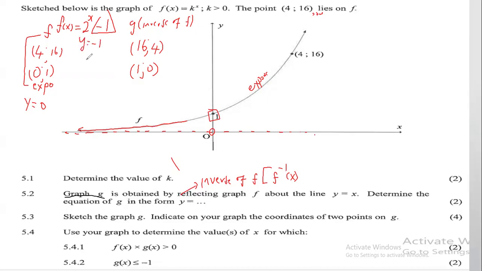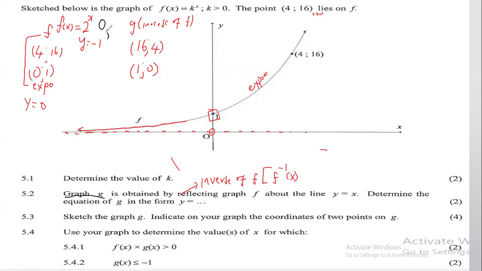And as y equals negative 1 is the asymptote, we were going to show it with a dotted horizontal line passing where y is negative 1. In this case, because we simply have 2 to the exponent x, we don't have any number at the end. We say the asymptote is 0.